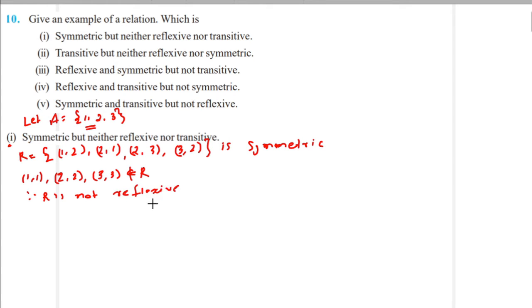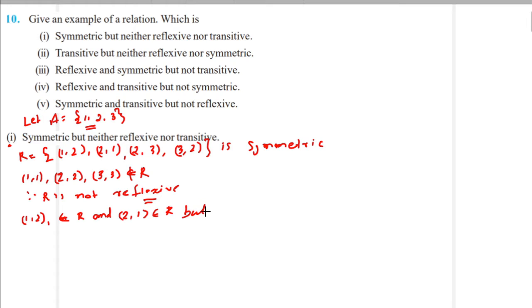R is not reflexive. Okay, also here (1, 2) belongs to R and (2, 1) belongs to R. If (1, 1) belongs to R, then this is transitive.